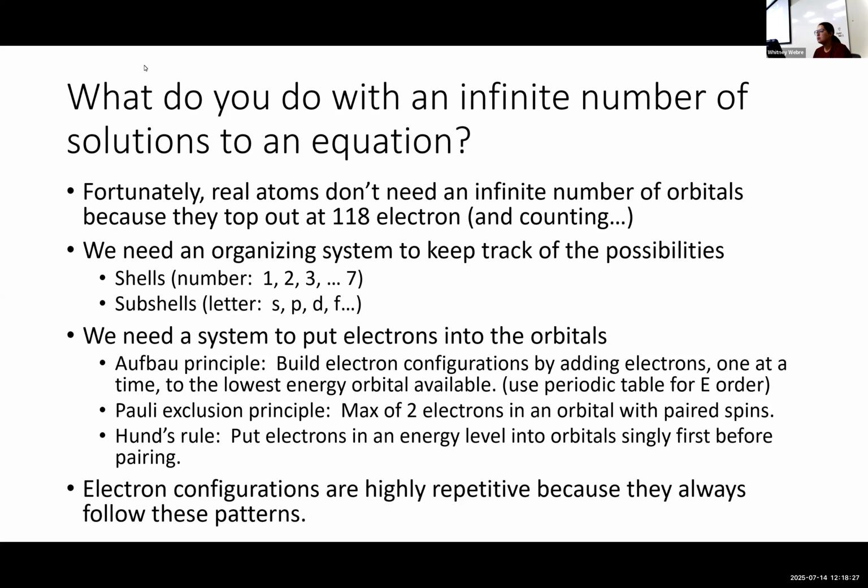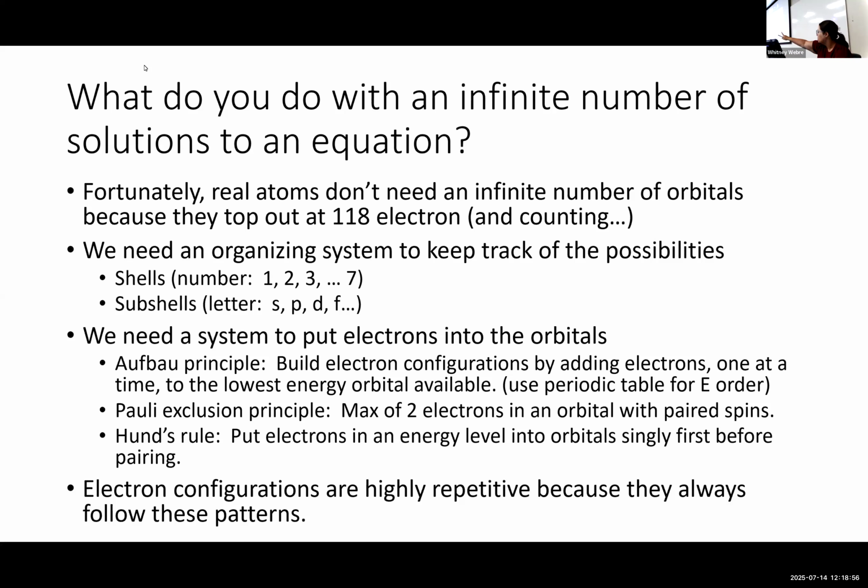So those shells, we relate to the rows. If you look at the periodic table of elements, row 1 is hydrogen and helium, row 2 is lithium all the way to neon, and so on and so forth. So with the Bohr model, we would say N1 is row 1, N2 is row 2, and so on. The subshells are also important. Subshells are based on the groups.